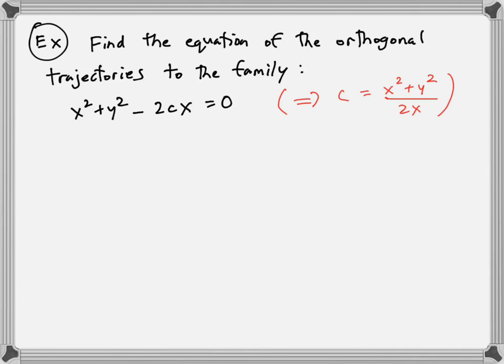So remember, for orthogonal trajectory problems, we are not given a differential equation. So we need to create one, and you do that by taking the derivative with respect to x.